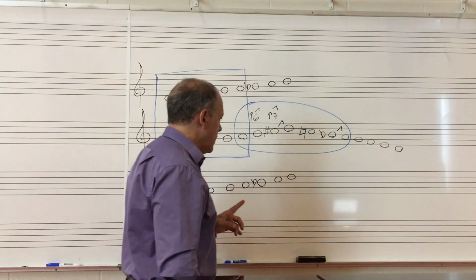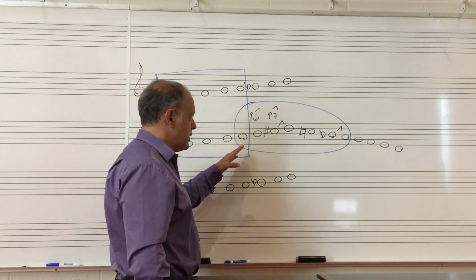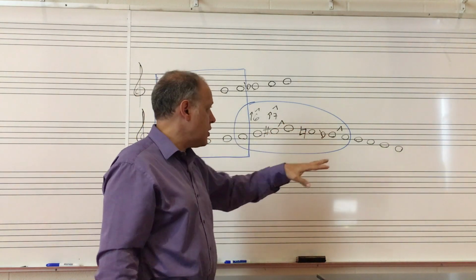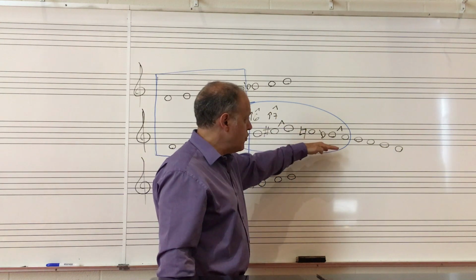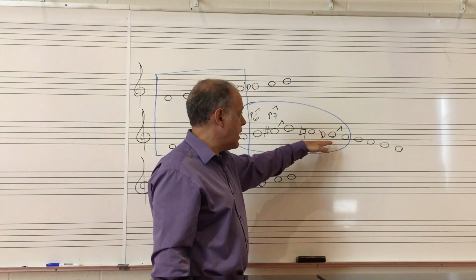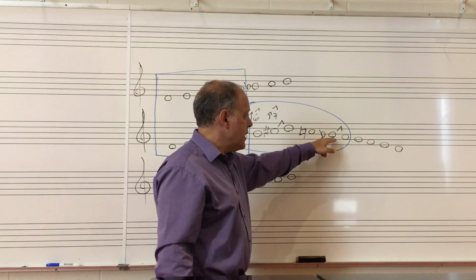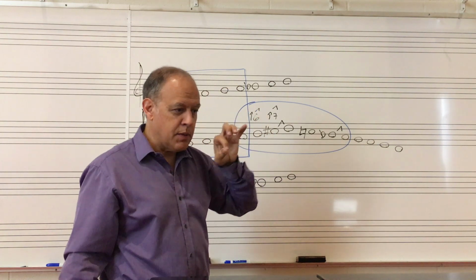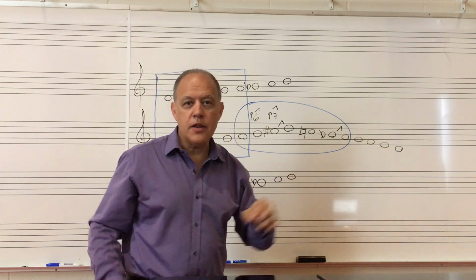So it's rather like the use of chromaticism as it moves up is drawing my ear up toward the tonic, and then as I move downwards, the restoration of the diatonic 6th scale degree, that's only a semitone away from the 5th scale degree, and so again I have that semitone away from another goal of motion.